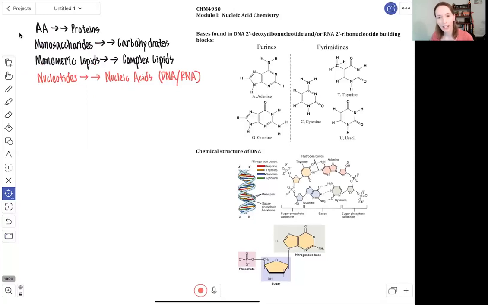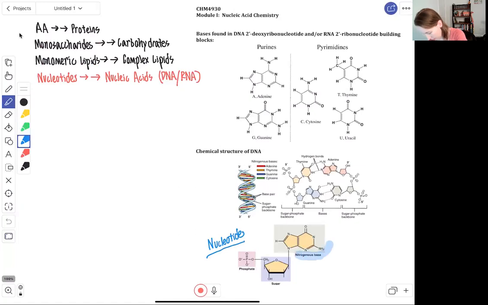So when we are looking at nucleotides and thinking about the chemistry of nucleotides, the general chemistry of a nucleotide, as an overview, we can see in the lower right-hand corner of this slide what a nucleotide consists of is a nitrogenous base. That is this portion here in the upper right-hand corner of that structure that I just highlighted in blue.